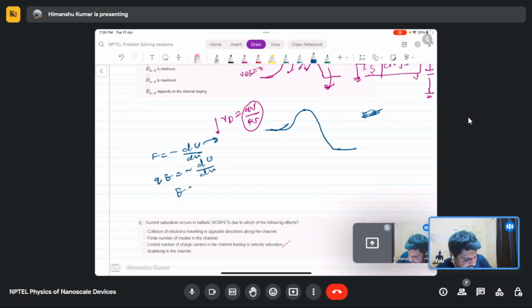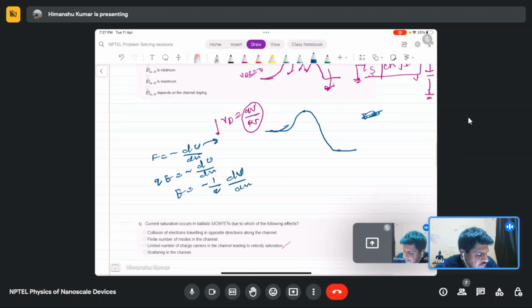So the electric field will be minus 1 by q times dU by dx. The electron will be at its lowest energy position at the bottom of the conduction band, and as we draw the bottom of the conduction band, this is the potential energy profile.